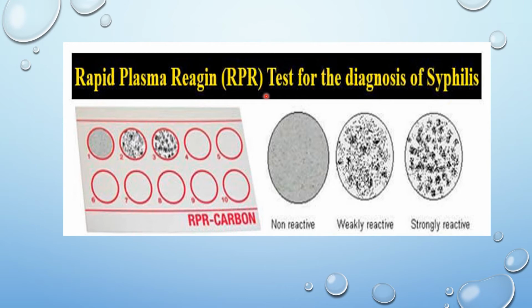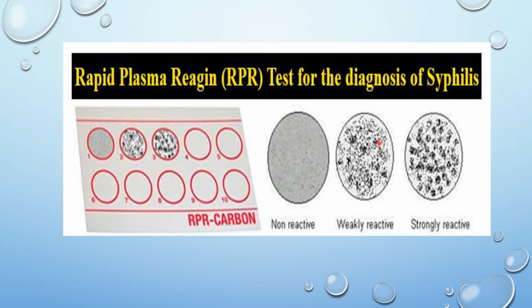This is how the RPR test is performed for diagnosis of syphilis. We take a white plate, and antigen and antibody are mixed in these circles. One circle represents one patient specimen. If the result is like this, with no clumping or no floccules formed, the test is non-reactive.